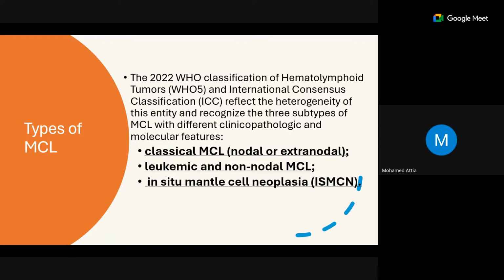This pre-malignancy, like in situ mantle cell neoplasia, is something like in situ cervical neoplasia in cases of cancer cervix. If a patient has in situ malignancy, this means that it may develop cancer cervix and must be treated well. But this is not the same thing here in mantle cell lymphoma, and we will understand why. The presence of in situ mantle cell neoplasia doesn't mean that the patient will develop mantle cell lymphoma or any kind of lymphoma.